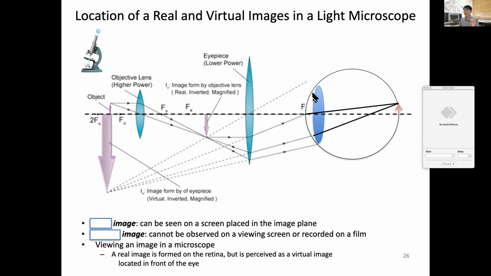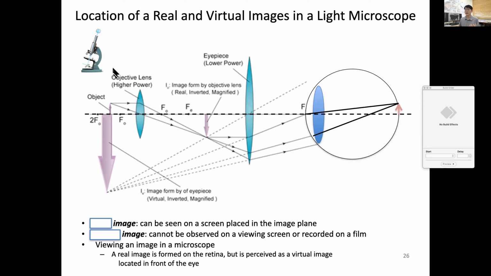So here comes our eyeball, and our eyeball will perceive these rays as forming an image over here, and we consider the object through our lens to exist over here. Isn't it amazing? That's how we actually see under the microscope.